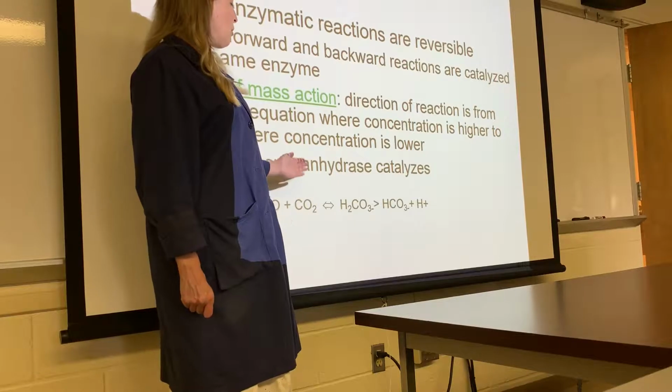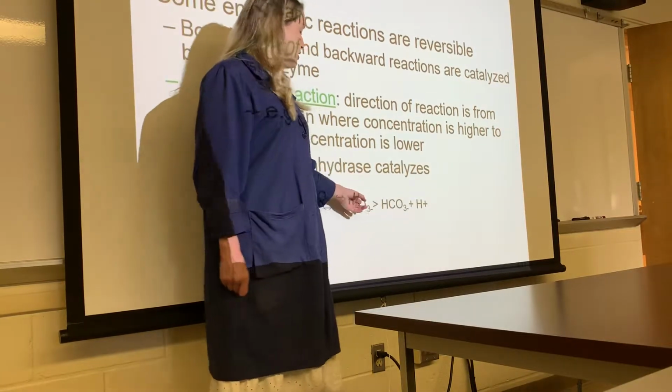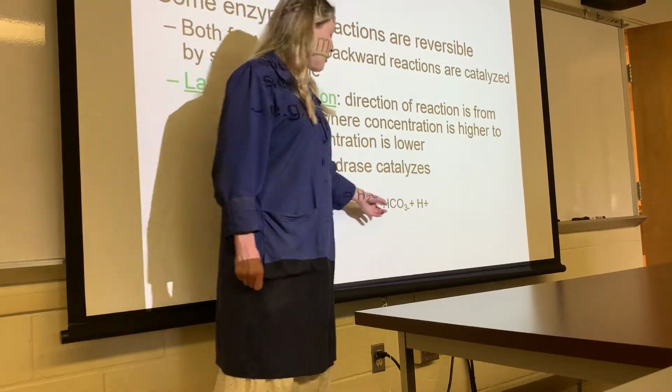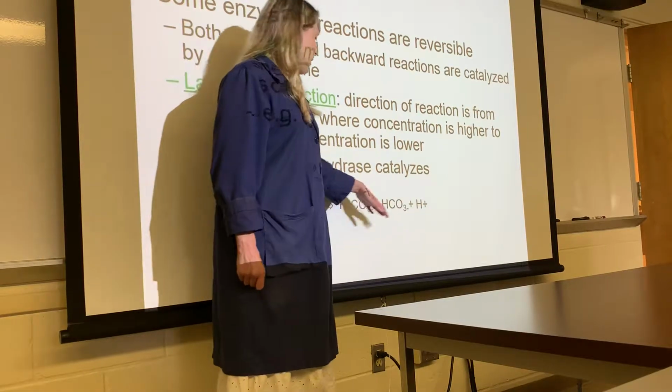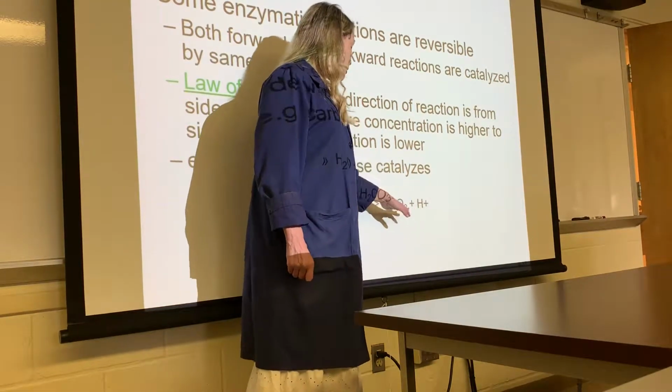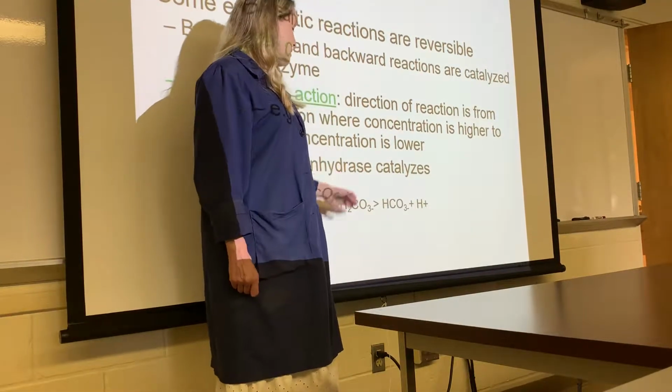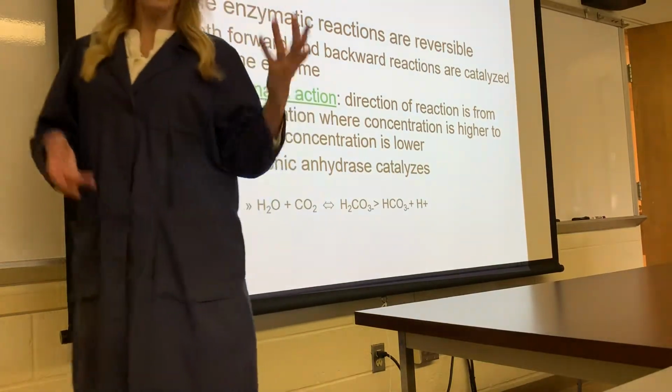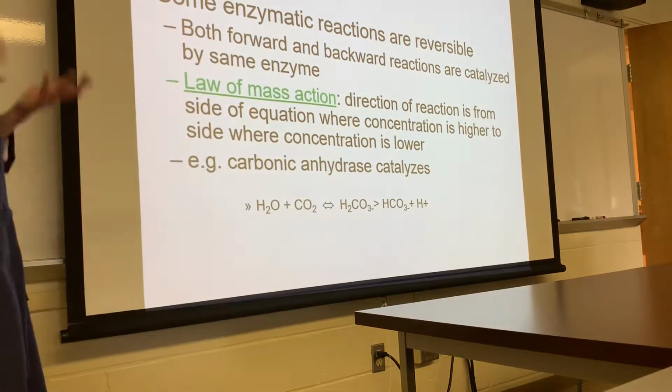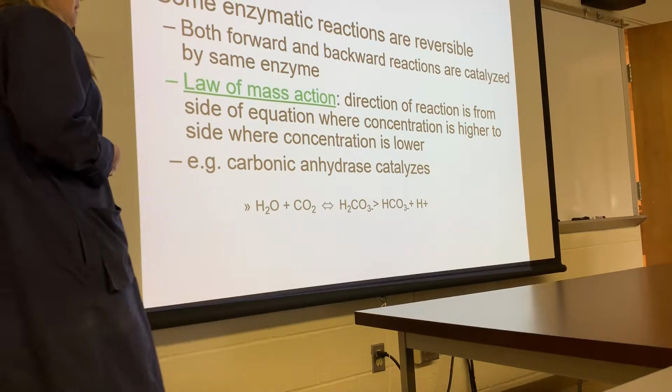Okay, now, we know that this reaction bounces back and forth, to bicarbonate and hydrogen, or back to carbonic acid, depending upon if the pH is too high or too low, right? That's our buffer. That's what we try to keep.